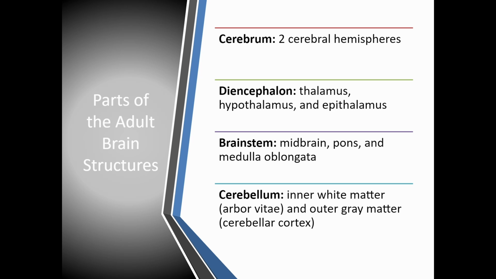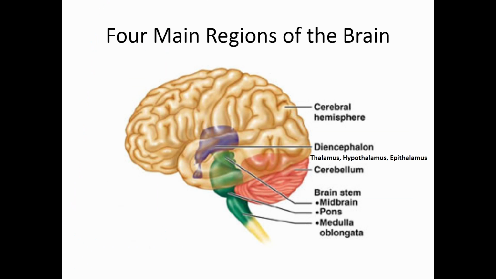And then the structure, sometimes called the little brain, the cerebellum, is behind the cerebrum, and it consists of inner white matter that kind of looks like a branching tree and is actually known as the arbor vitae, which means tree of life. And then there is the outer gray matter, or the cerebellar cortex. So those are just the basic parts of the brain, and we're going to look at them in more detail.